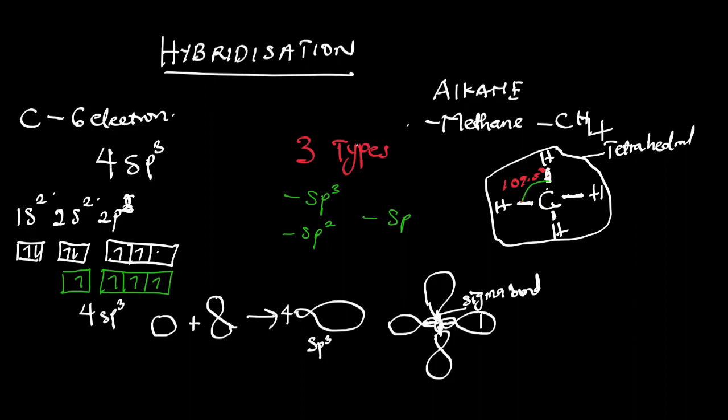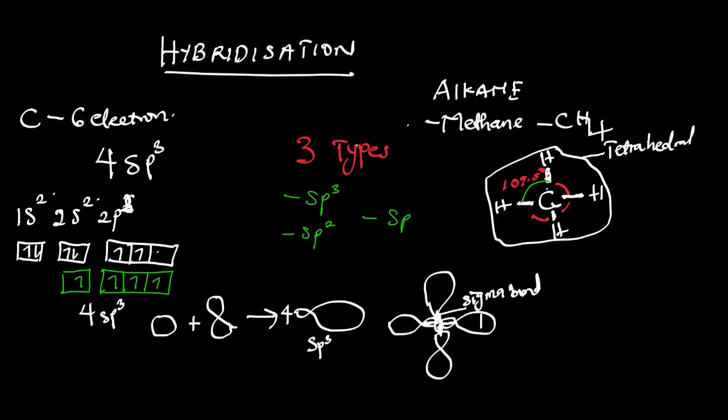So the angle between this and this is 109.5 degrees. The same thing goes here, here, right? But you might be thinking, why is it not 90? Since it is tetrahedral, as I said before, it's not a planar structure, it's actually a 3D structure. So please take note of that.